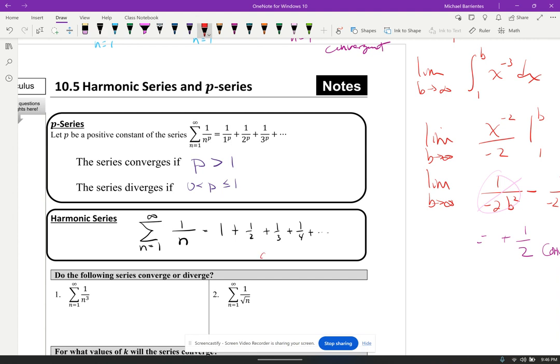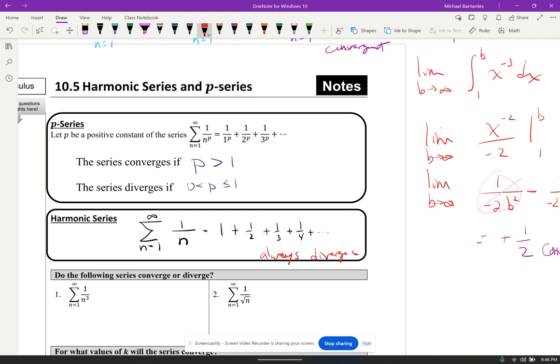We had already shown that by the integral test. So the harmonic series is a special type of p-series, which we know always diverges. And if the p-value is equal to 1 or less than 1, it's going to diverge. That's all a p-series is.